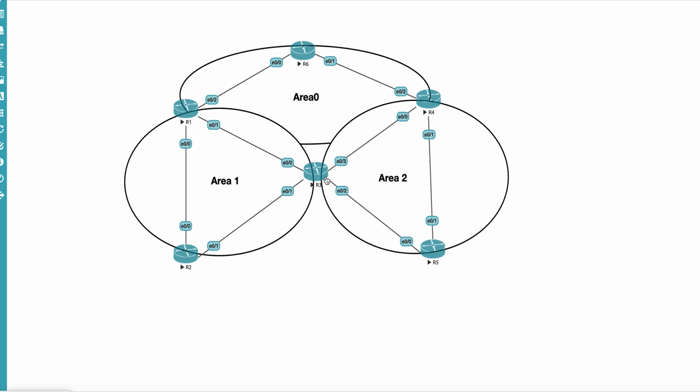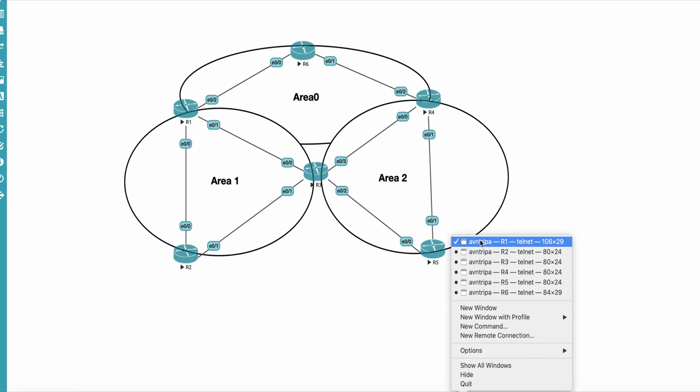R1 is connected to R3, but this full adjacency is not there in area 0. R3 has an interface, but that is a loopback interface. Loopback interfaces are not physical interfaces. They will not have any other end. So loopback 0 is like a one-ended interface. It is not connected to any other interface in area 0, so it does not have full adjacency.